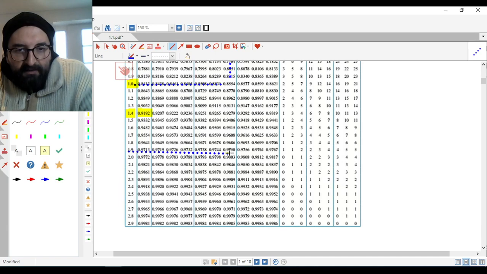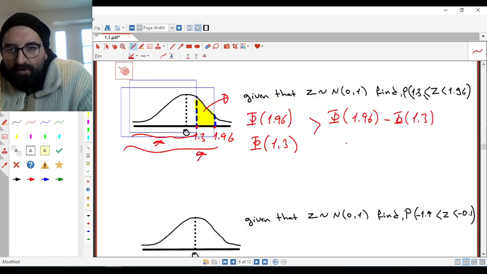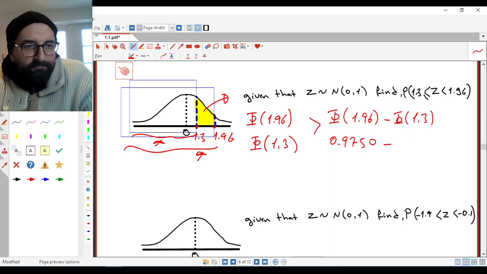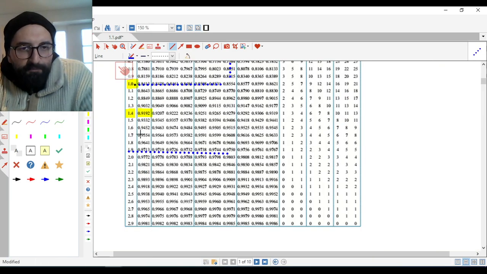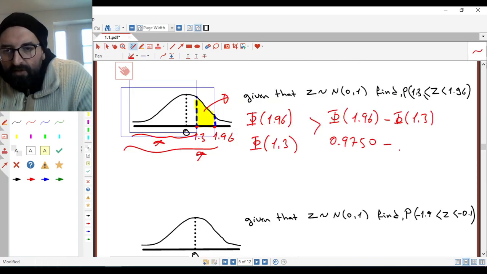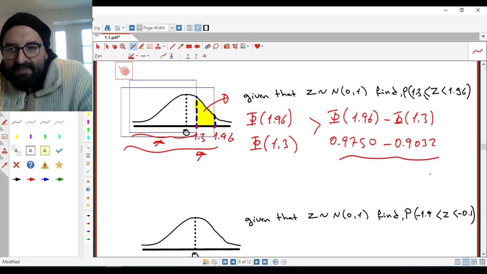Yes, and then it is 0.9750 minus 1.3. 1.3 is here, 1.30 here, 0.9032, and then we can say and 8 and 1 and 7 and 0 and like this.